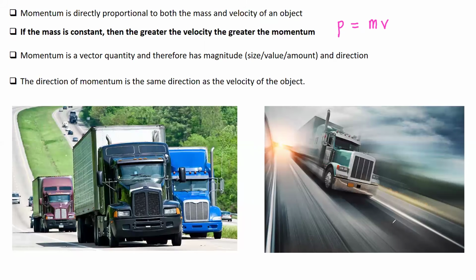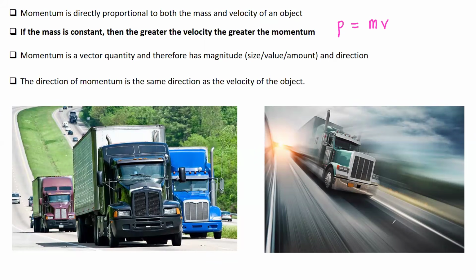If an object has a greater mass, then it will have greater momentum. If an object moves at a high velocity, it will also have greater momentum. So mass and velocity directly proportionally affect momentum.